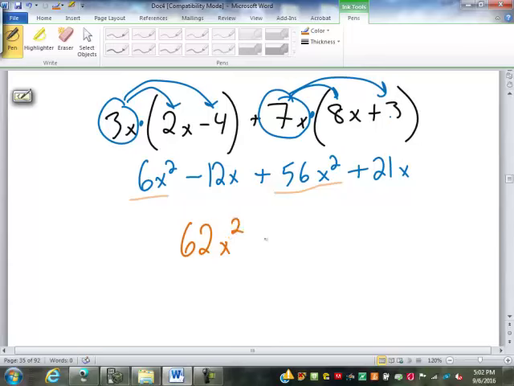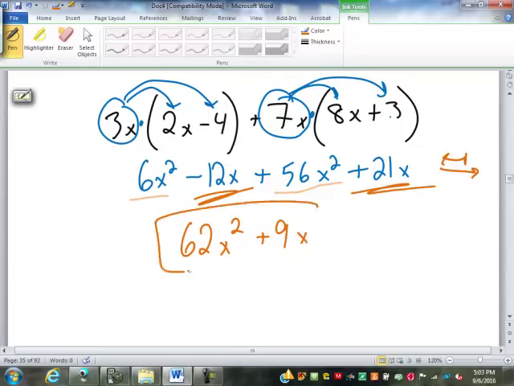We keep the same name. Negative 12 and a positive 21x. Negative 12, positive 21. We're on the positive side. The difference between 12 and 21 is 9. So positive 9x.